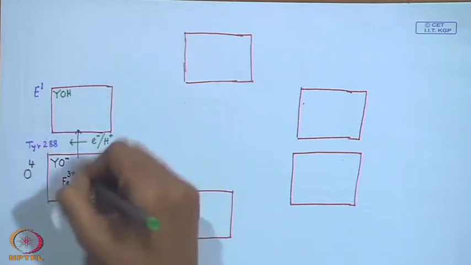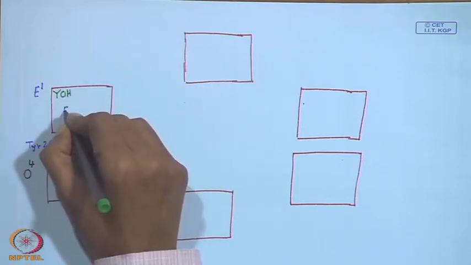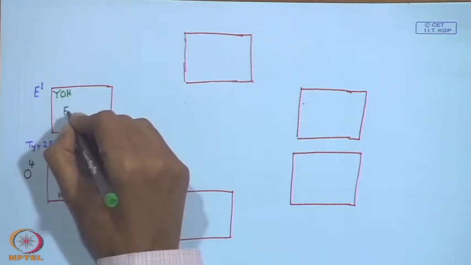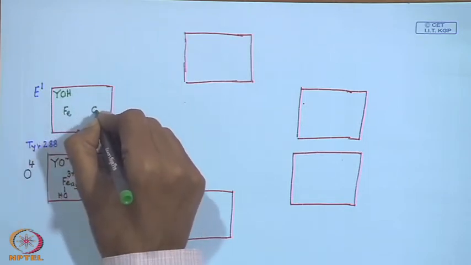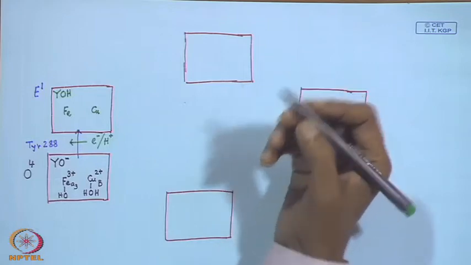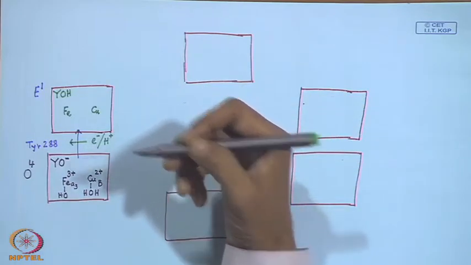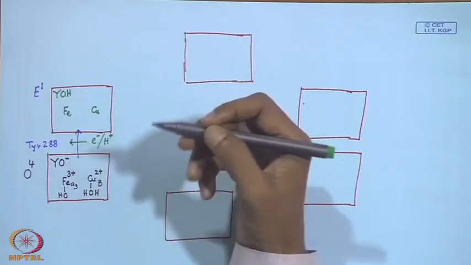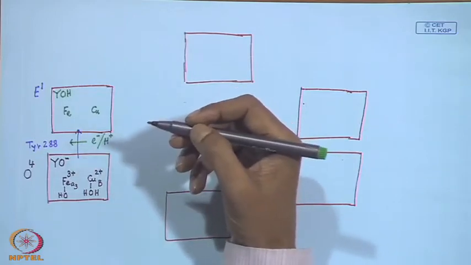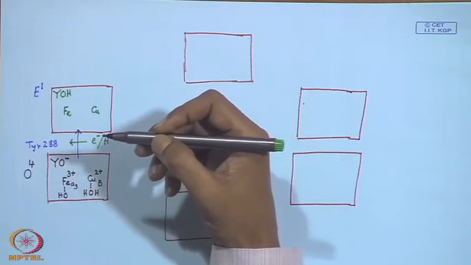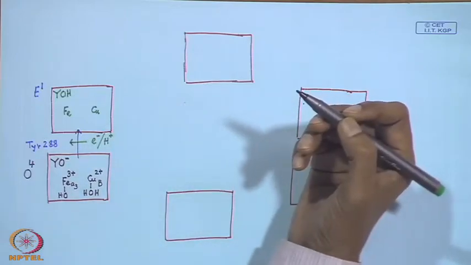So you have these two sites, the Fe site as well as the copper site, and now for the single electron transfer there will be a competition for the electron acceptance, based on the E0 value for the site, whether your iron site will be reduced or the copper site will be reduced.